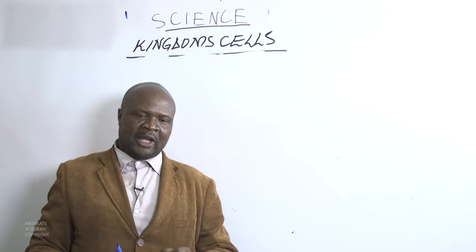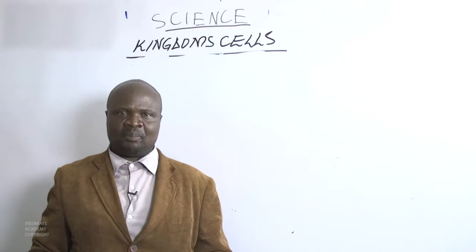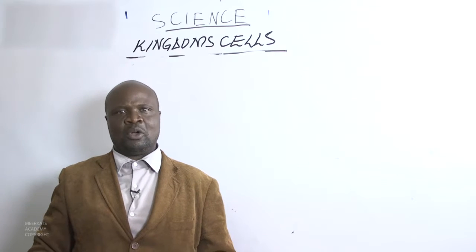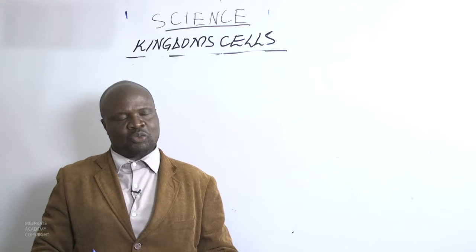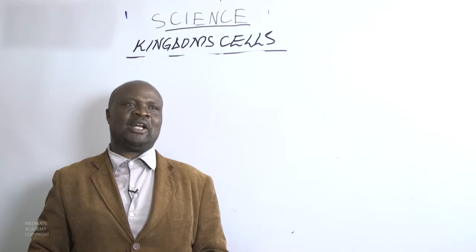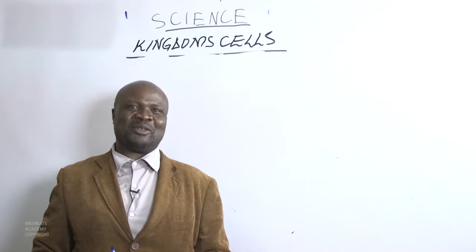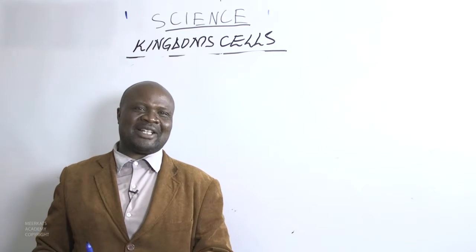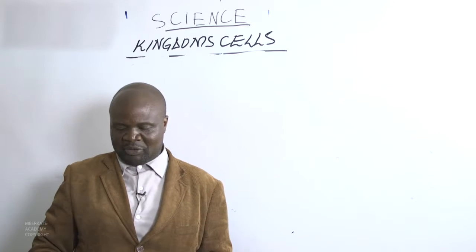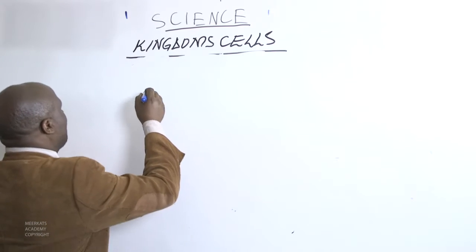If you have a particular organism and different names referring to it, it will be very hard for people to discuss and know that you are talking about this particular organism. So scientists came up with a formula to ensure that there is only one way of naming an animal, so that it has a single name and scientists know they are talking about a particular animal. So we have what we call common names.